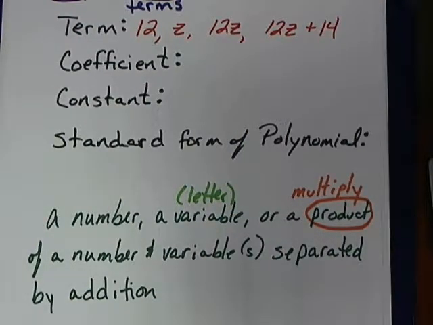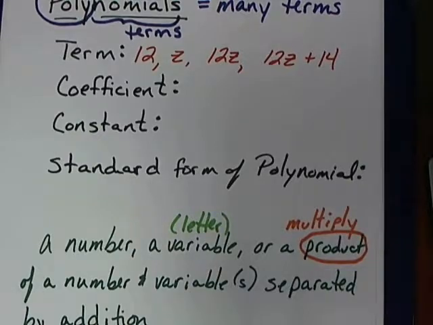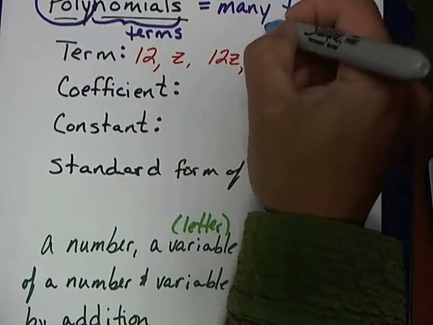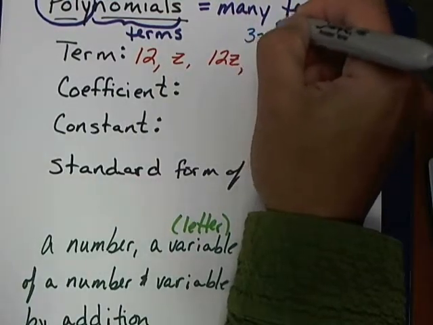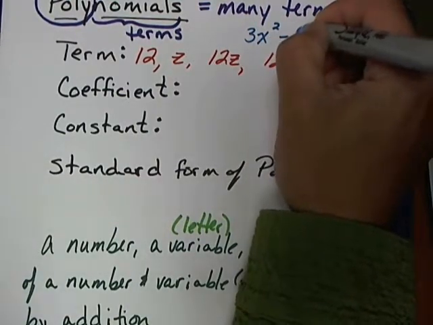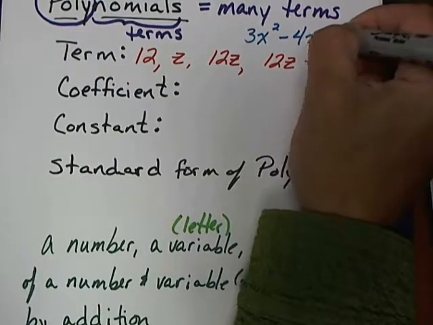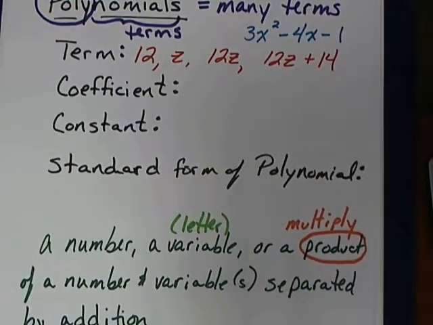Okay. Now, we also need to be aware that terms are separated by addition, but what happens if I have something like 3x squared minus 4x minus 1? I don't see any addition there. But remember, subtraction is the same thing as adding the opposite. So there's three terms there.